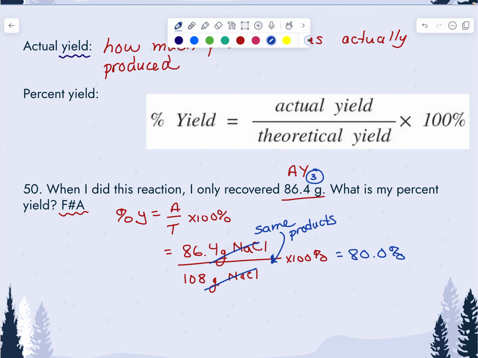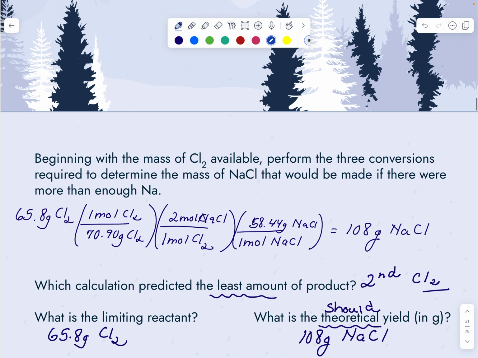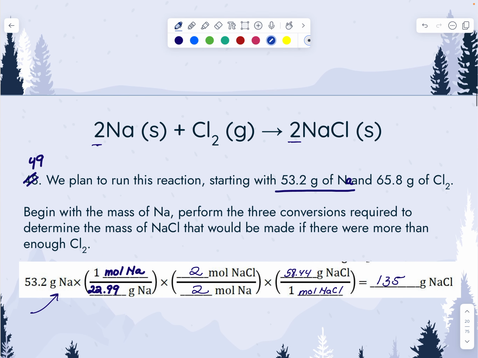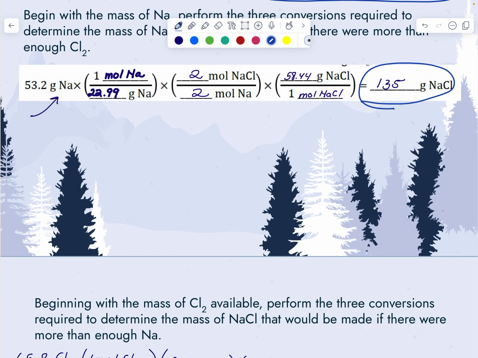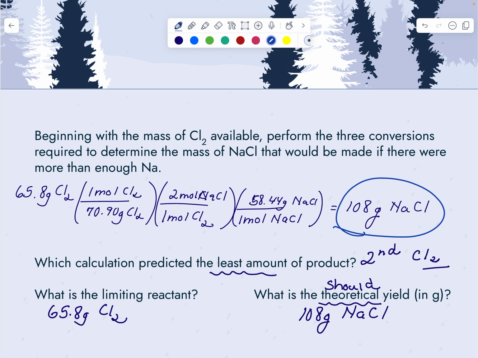Okay, so if we go back and summarize this problem, the question was very similar in that I gave you the amount of the 2 reactants, but this time in grams. I did a 3 parentheses stoichiometry problem to find out how many grams of the product each could make. And of those, I chose the lowest amount in grams of product that could be made, because that tells me that when 65.8 grams of chlorine is used, the reaction will stop.